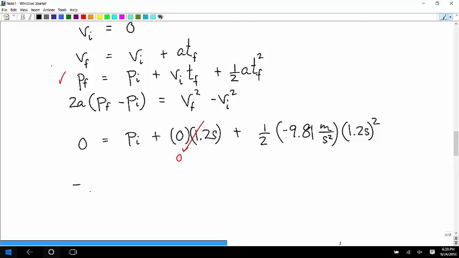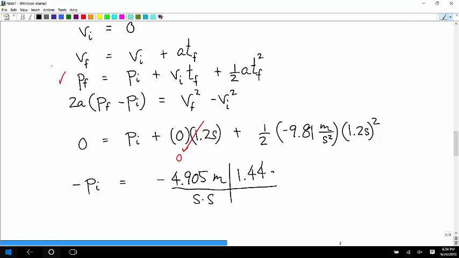So I'll write this as negative PI is equal to 1/2 times negative 9.81 is negative 4.905 meters over seconds times seconds, times 1.2 seconds squared is 1.44 seconds times seconds.